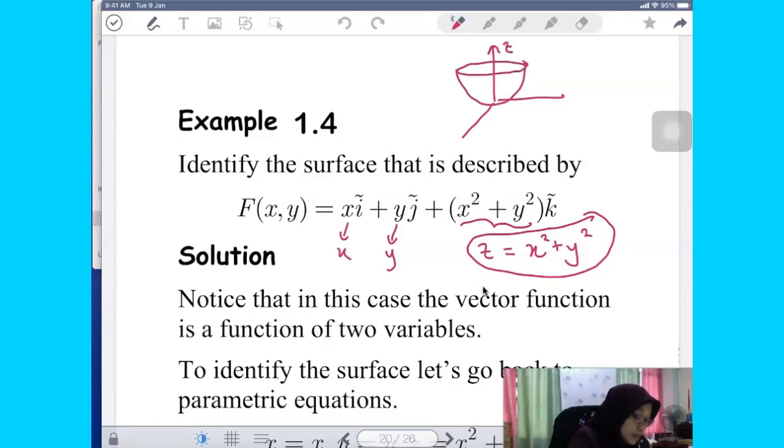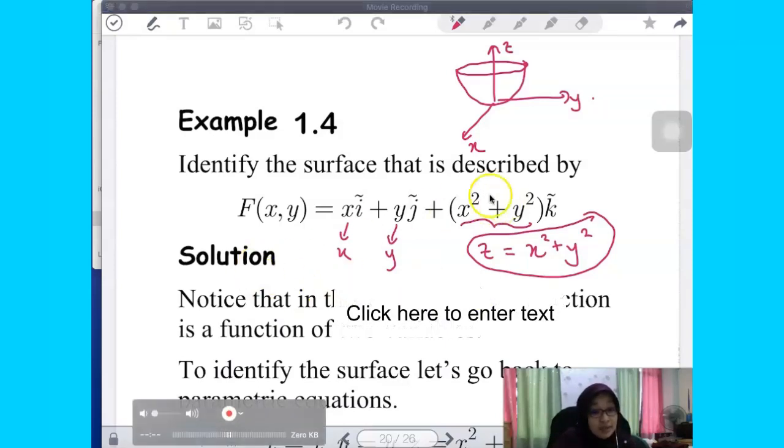So this is X and this is Y. I'm not going to re-explain the sketching, you have to look at it in Math Method 1, and we already implemented that in Math Method 2. Now you need it again in vector calculus. So that is your surface, the graph of the given vector function.